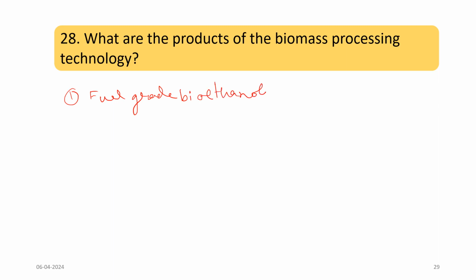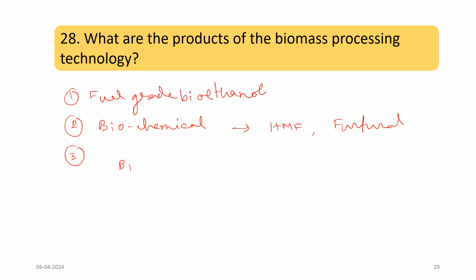This can be used as a fuel in cars, trucks, and this kind of transportation. The second one is biochemicals, for example HMF and furfural. The third one is bio-CNG.